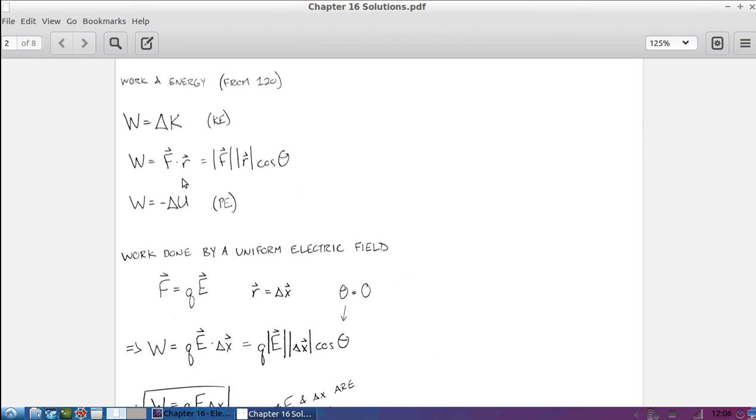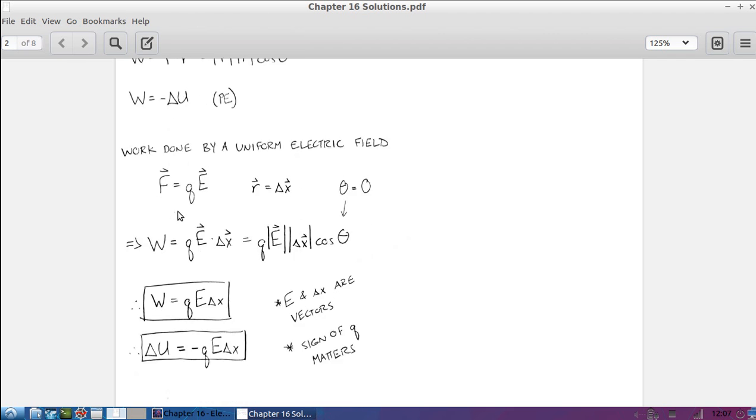But if the Earth is part of the system, the work is the negative change in potential. So this is from 120. That's how work changes the potential energy. That's how work changes the kinetic energy. In an isolated system, I can set these two equal to each other. Delta K equals negative delta U. If I added delta U to both sides, I'd get delta K plus delta U equals 0, which is my law of conservation of energy.